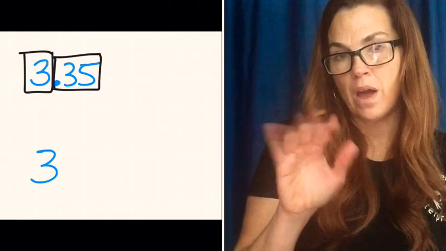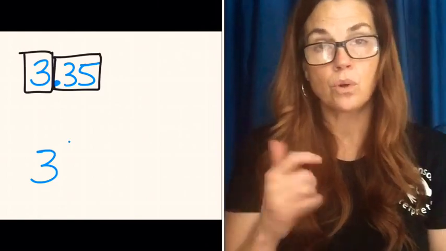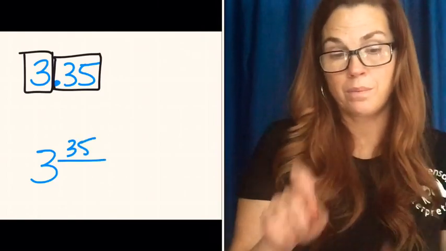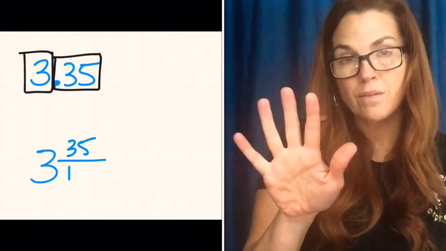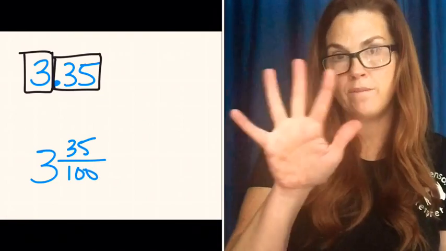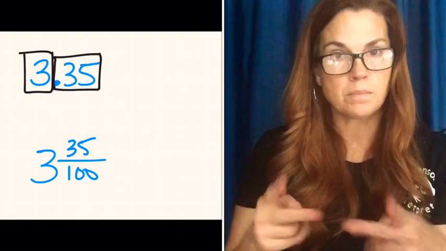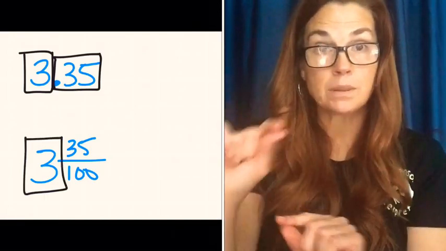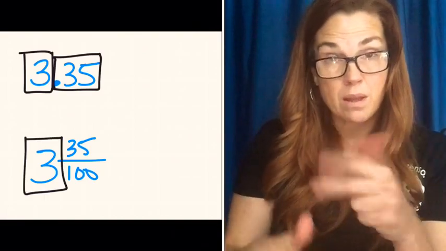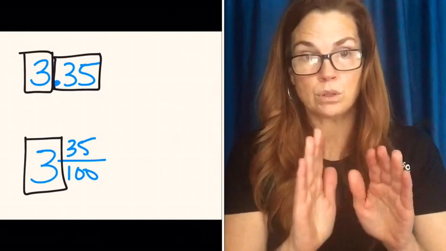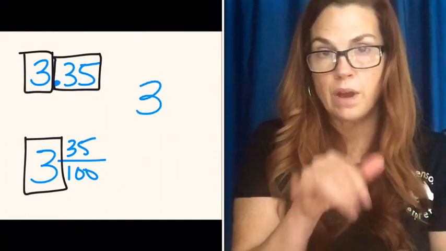So I can write that decimal 35 over its place value of 100. And now I'm going to simplify. Remember, the 3 is a whole number. It's not being simplified. We're not dividing that 3, so it goes off to the side and waits.